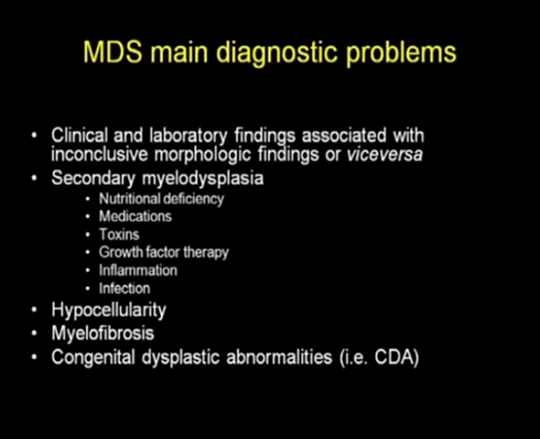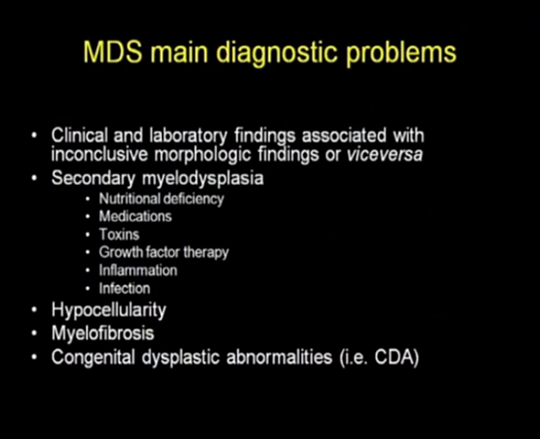We know that from the morphological point of view, there are several clinical settings in which blood cells can show dysplastic aspects. First of all, nutritional deficiency.